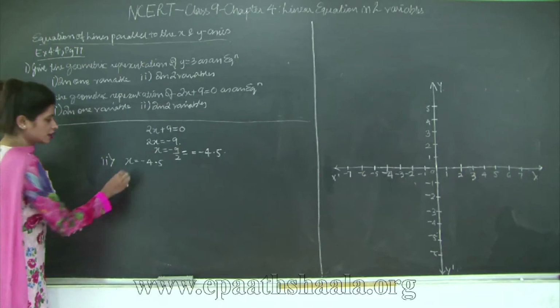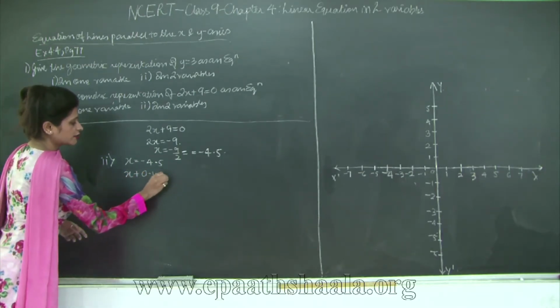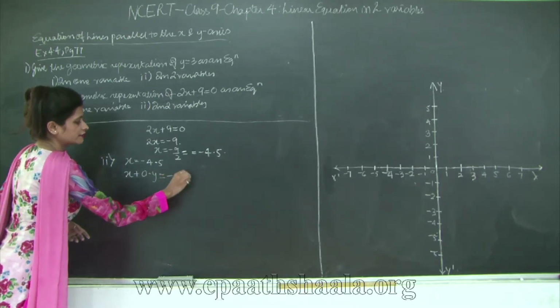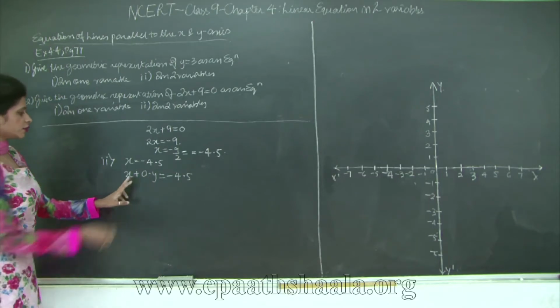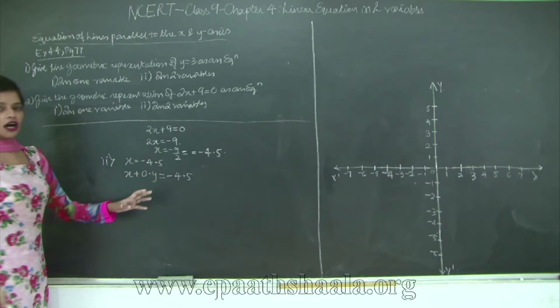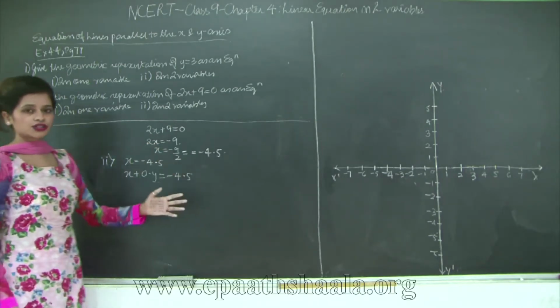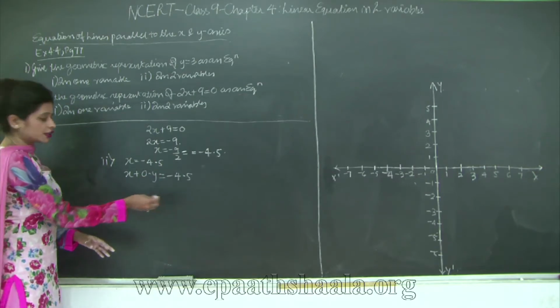I will introduce another variable y such that x plus 0 into y is going to give me minus 4.5, correct, because y multiplied by 0 is 0, therefore, you will get this equation, that is x is equal to minus 4.5. But just because I want to represent my equation in the form of a linear equation in two variables, I had to introduce another variable.